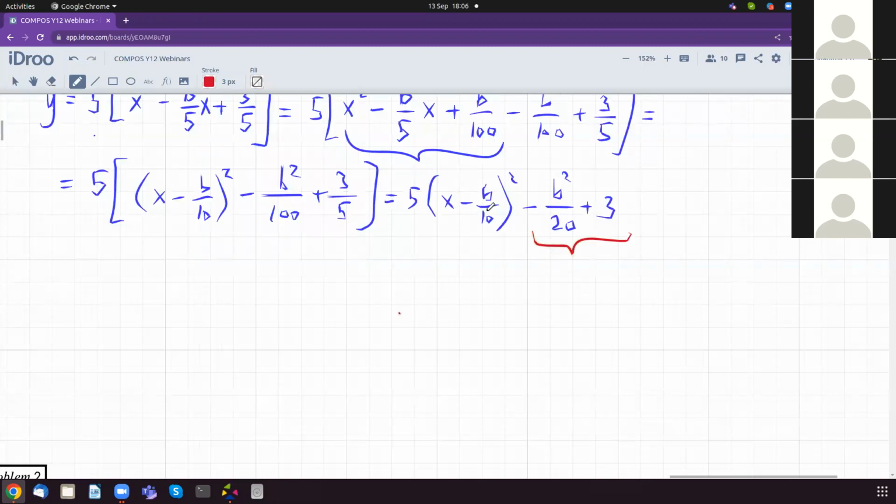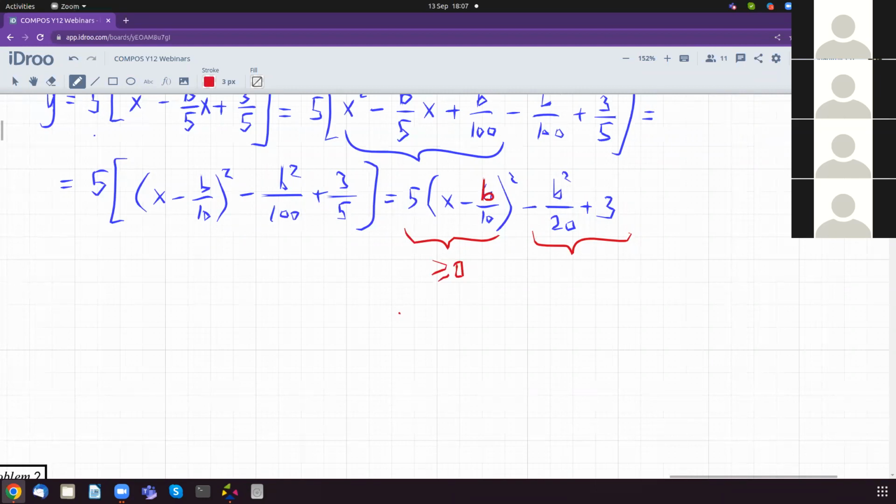It does not depend on x. And this thing is greater than or equal to 0. So the smallest possible value it can take is 0. And therefore, the smallest value of this expression is this.